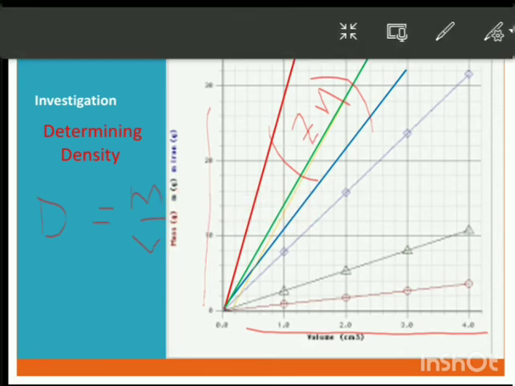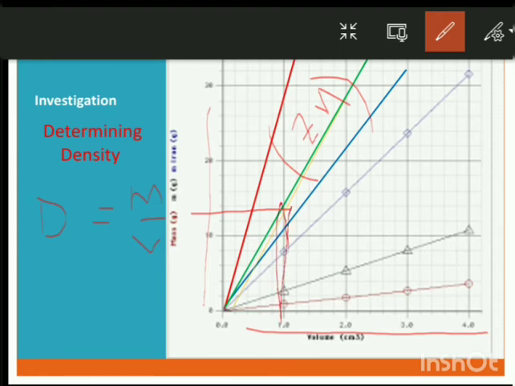So let's start to do that. I will make a line that crosses the y-axis and the second line across the x-axis. So I have a volume of 1 centimeter cubic and I have a mass of 13 gram.